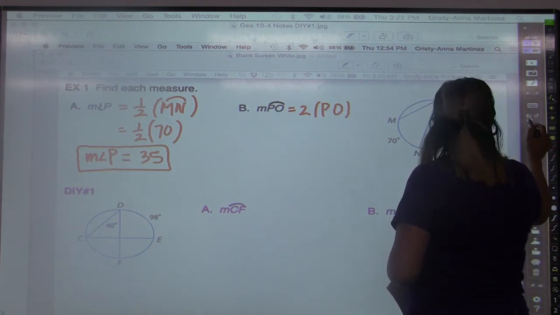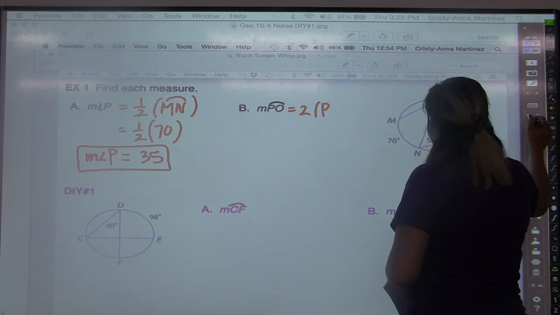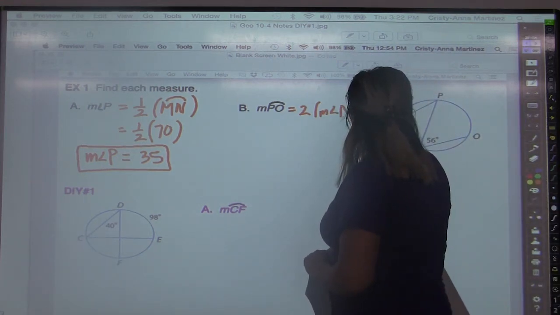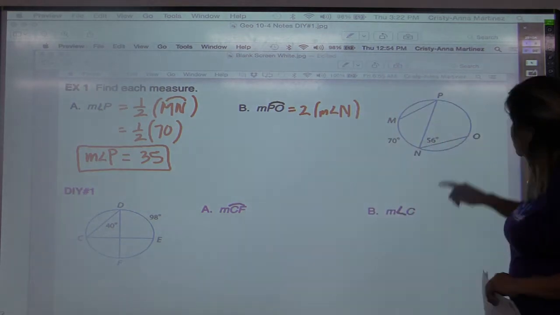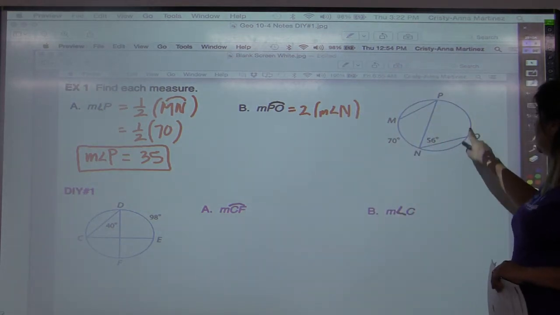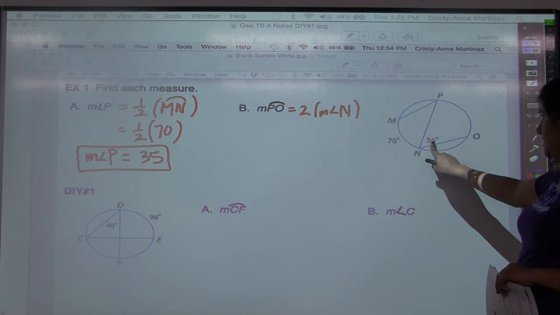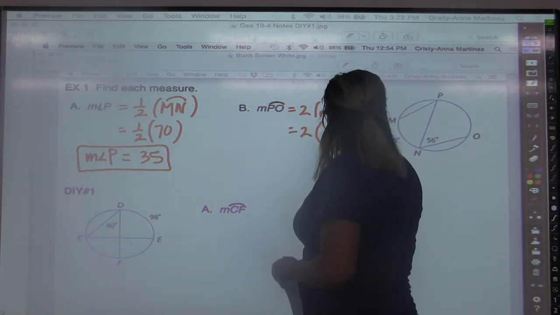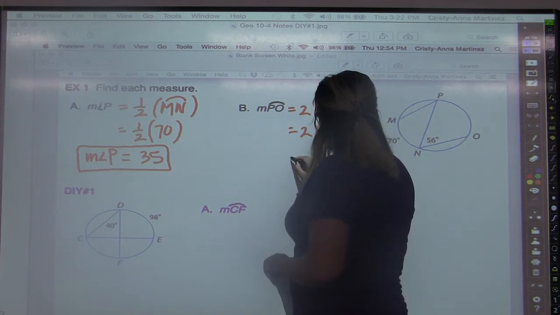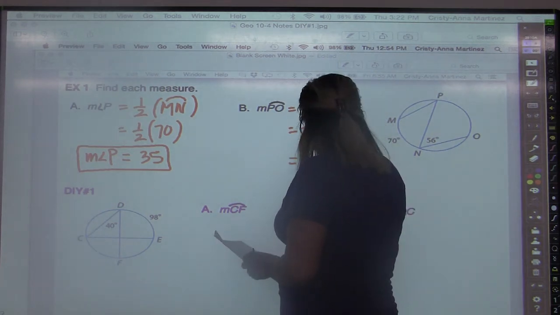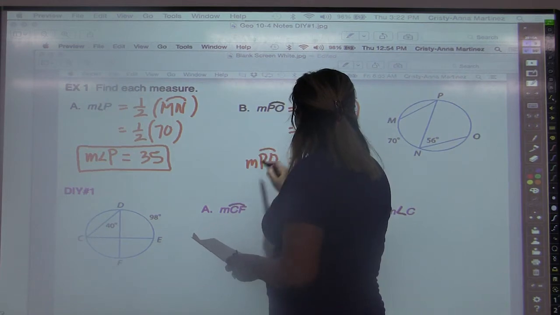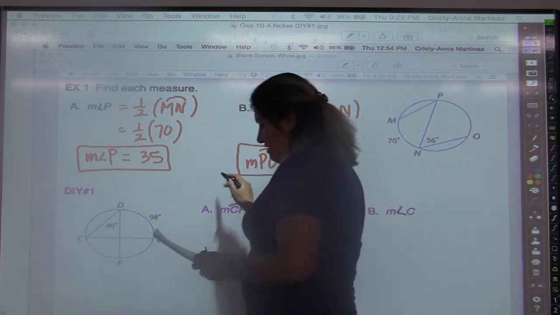That's not good. So what we're going to do here is we want 2 times the measurement of angle N. So if we go backwards, then this measurement is going to be twice as big as the 56 here, which is angle N. So we're just going to go over here and replace the measurement of angle N with 56. And if you double 56, you get 112 degrees for the measurement of arc PO. And that is how you do that.